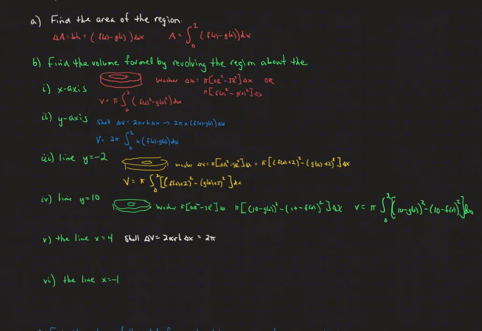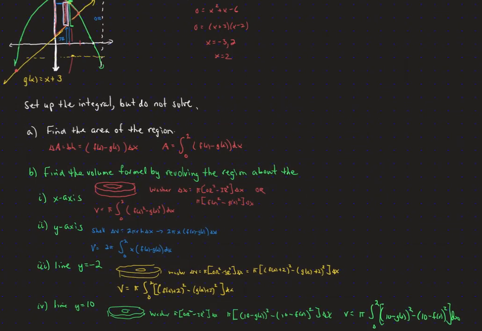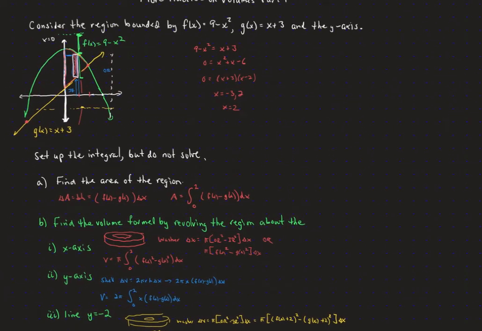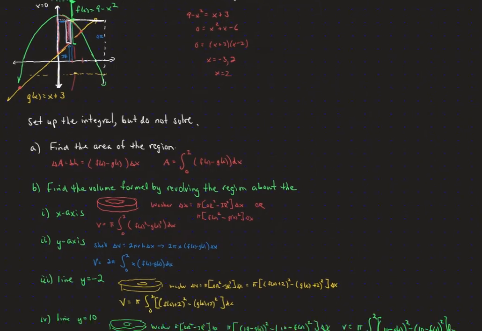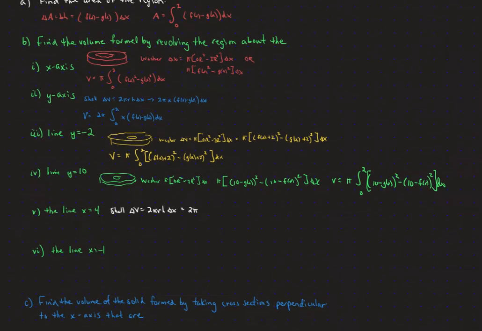So that's going to be 2 pi. Now the radius here is that distance from the axis of revolution to our rectangle. In a horizontal distance, we're going to go right minus left. The right is our x equals 4, and the left is the x coordinate of that point. So that makes our radius 4 minus x.